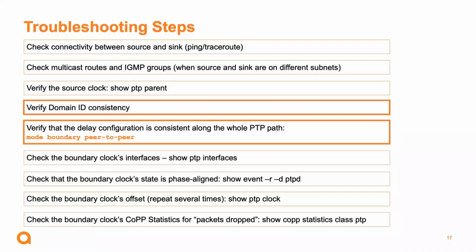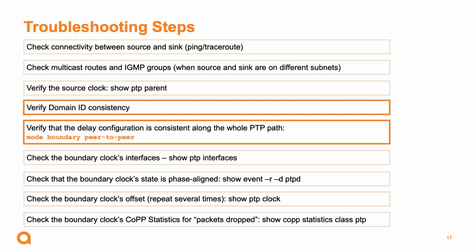Now, I've added also here a verify domain ID consistency step, and that is because some of the profiles do not use 0 as the default domain ID. There is at least one profile that has a domain ID of 128 as the default.